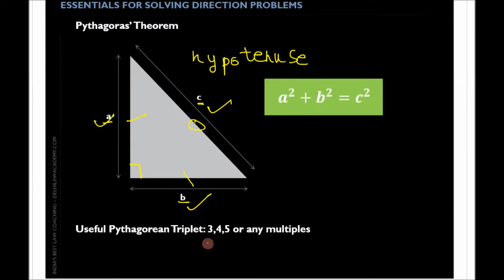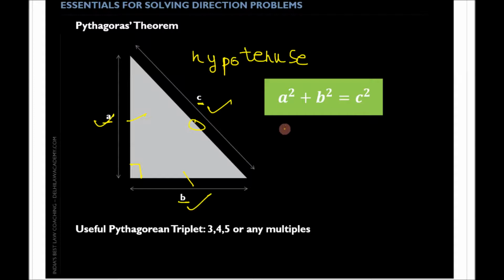Now a shortcut that comes in very handy during exams and saves you a lot of time is a concept called a Pythagorean triplet. A Pythagorean triplet is three numbers that happen to obey this relationship, and they also happen to be whole numbers, integers, which obey this relationship.